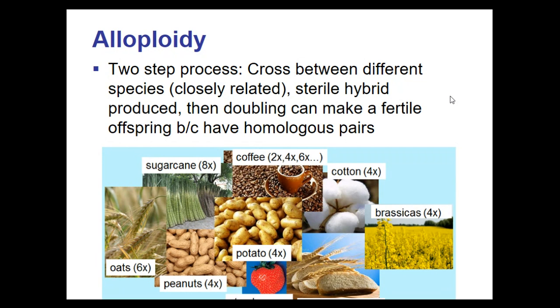Now you have 2 sets of 5 chromosomes. Those hybrids could now be fertile.